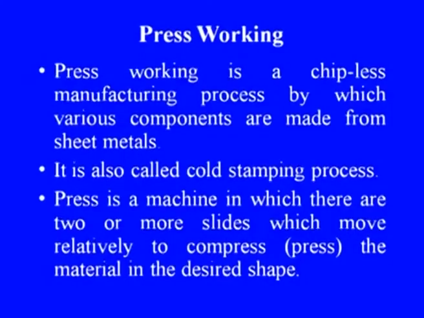Press working. Press working is a chipless manufacturing process by which various components are made from sheet metals. It is also called cold stamping process. Press is a machine in which there are two or more slides which move relatively to compress the material in the desired shape.